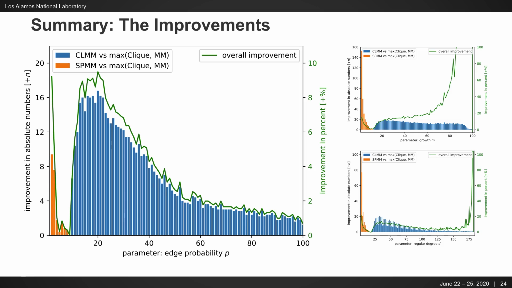So we can try to map this. We kind of flip our picture and now have the parameters on the x-axis. So basically, for each edge probability p, we want to know how many more graphs or how much larger graphs we were able to embed. So in orange, we show how much more spring-based MinorMiner added to the picture.